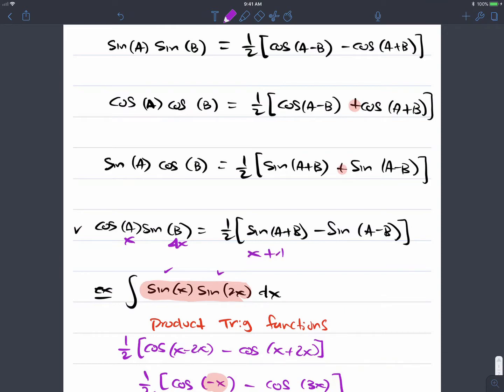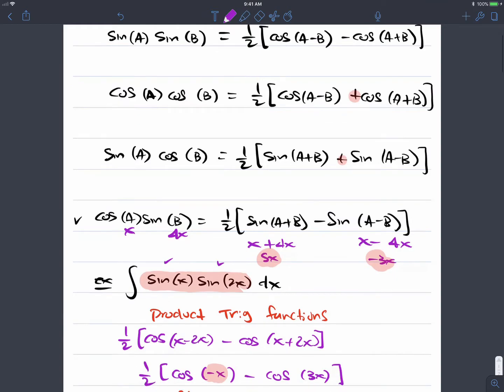I get x plus 4x, x minus 4x. So we'll have 5x here. Now I have negative 3x. This is what we're going to use. 5x and negative 3x.